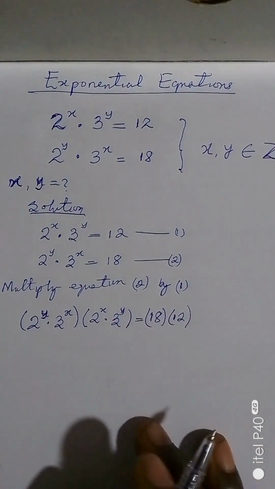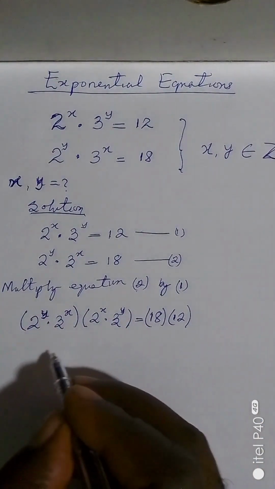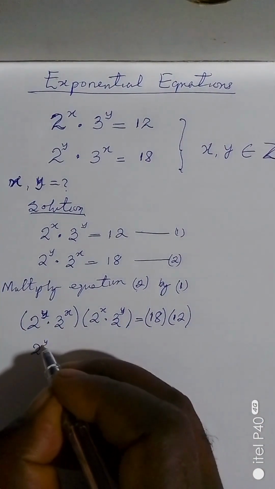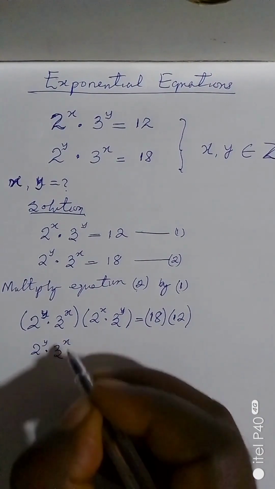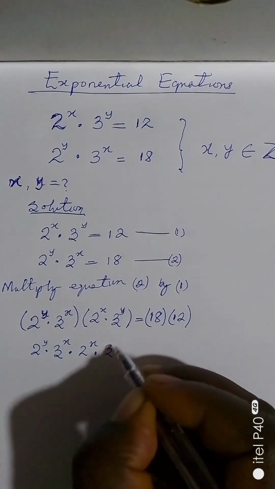Okay, so what I need to do is to open up this bracket in this form, and so I have 2 to the power of y dot 3 to the power of x dot 2 to the power of x dot 3 to the power of y.